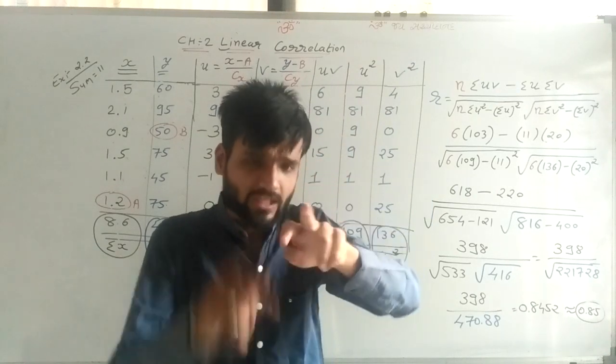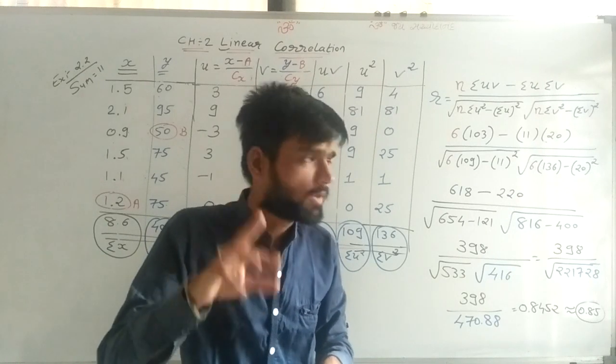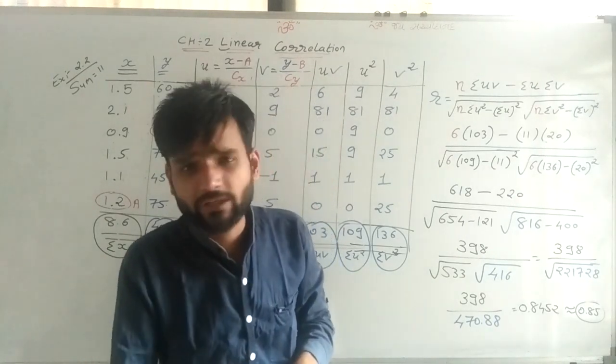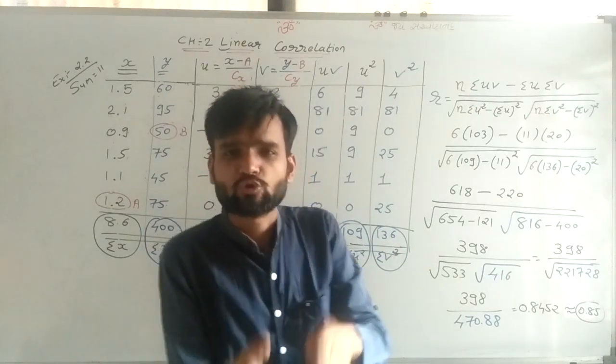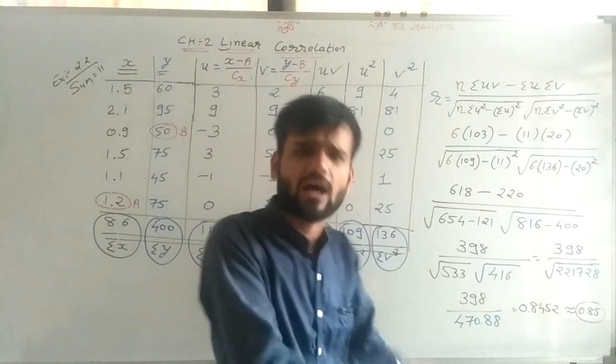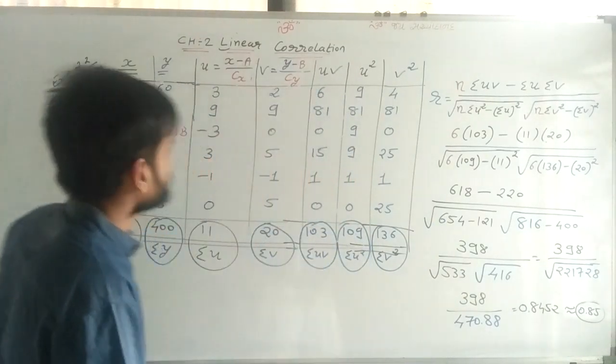If any one of them is a fraction and one is a natural number, then also we cannot use the x minus x bar formula. We can use it, but the calculation becomes somewhat hard. That's why.